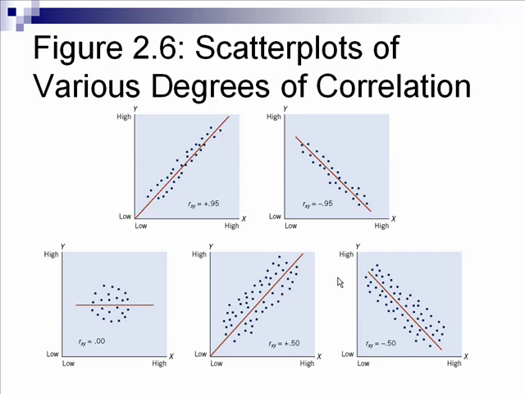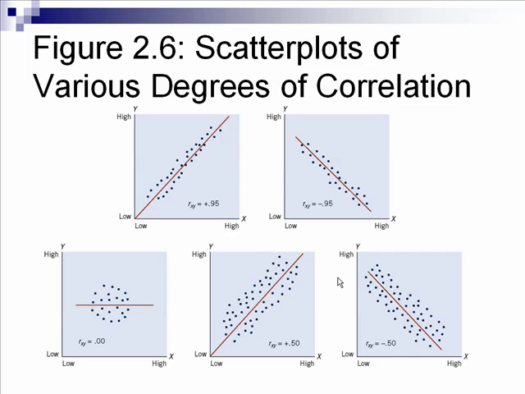The positive relationship is depicted on the left-hand side, and then the negative relationship is depicted on the right-hand side. And again, the negative relationship simply means as the values of one variable are increasing, the values of the other variable are decreasing.